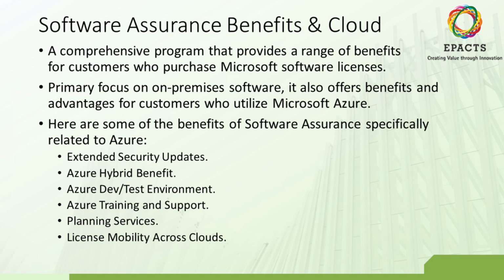Okay, so the primary focus of software assurance here relates to features like extended security updates. Now, what does that mean? Say, for example, you are using an application that uses an older version of Windows Server or SQL Server.